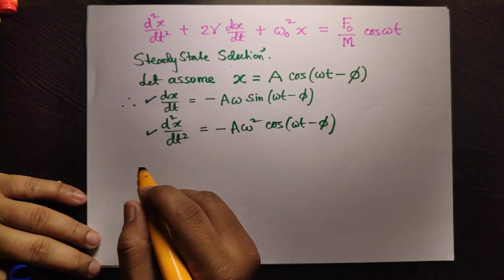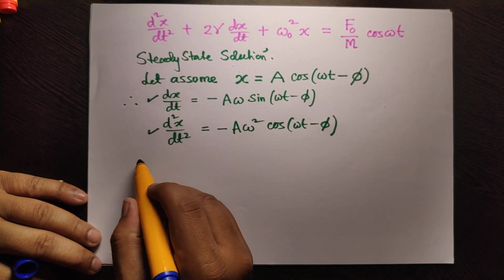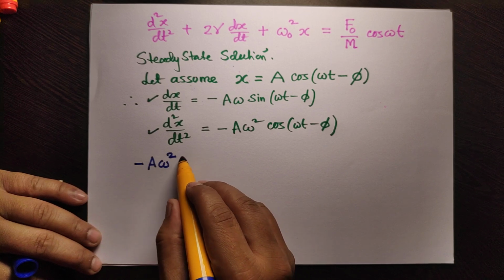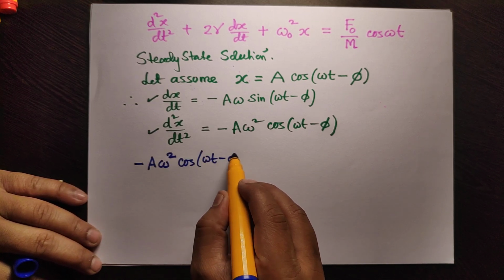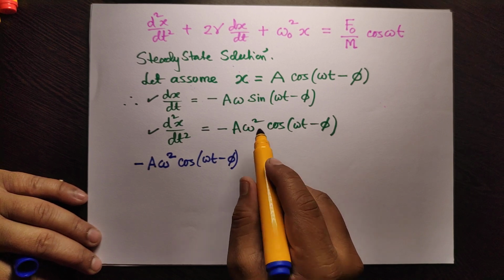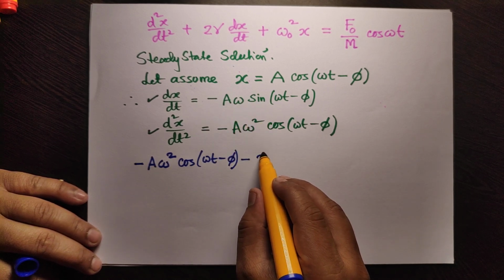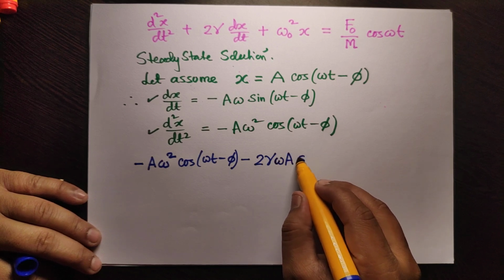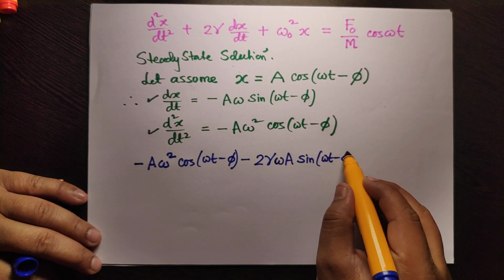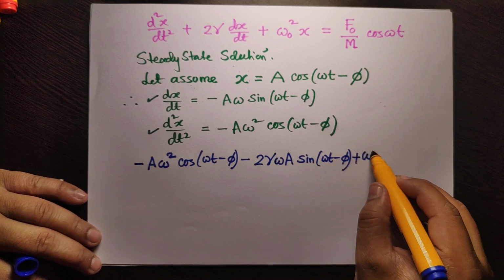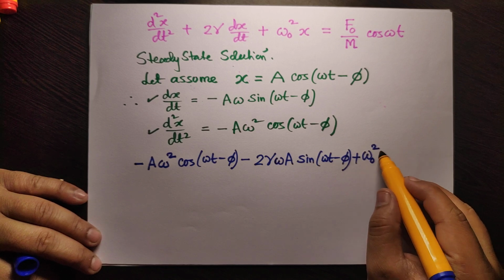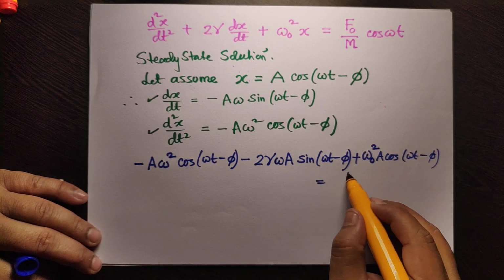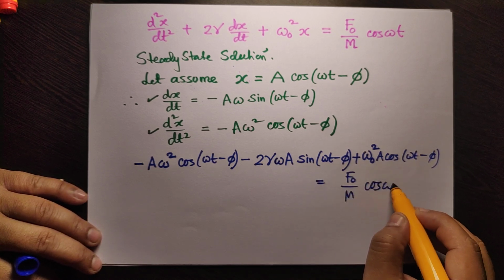So this will be minus a omega square cos of omega t minus phi, minus 2 gamma omega a sine of omega t minus phi, plus omega naught square x, where I can substitute x equal to a cos of omega t minus phi, equal to F naught by m cos omega t.